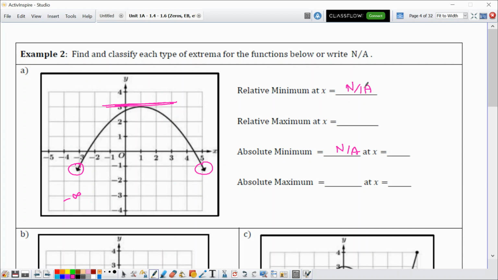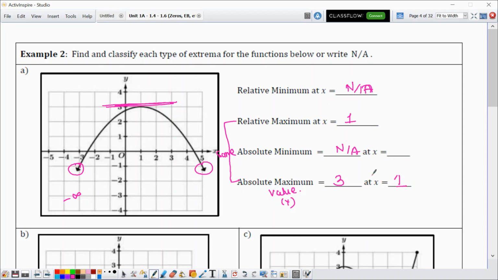There is no valley; minimum means you are looking at the valleys. There is only a mountain here. So relative maximum at x equal to 1. Relative is the same as absolute, at x equal to 1, they are both the same. Now the absolute maximum value, value means y value, which is 3.